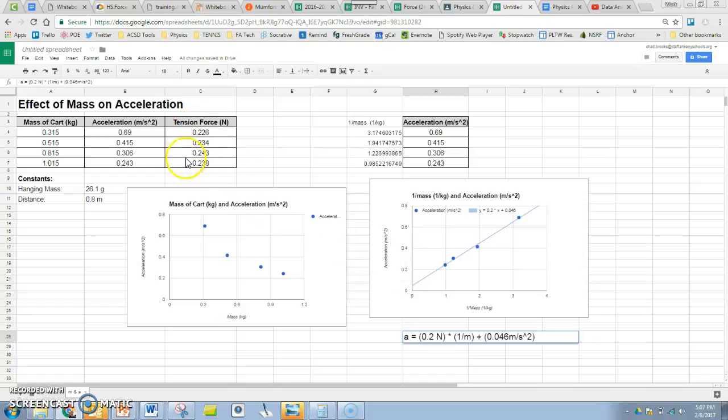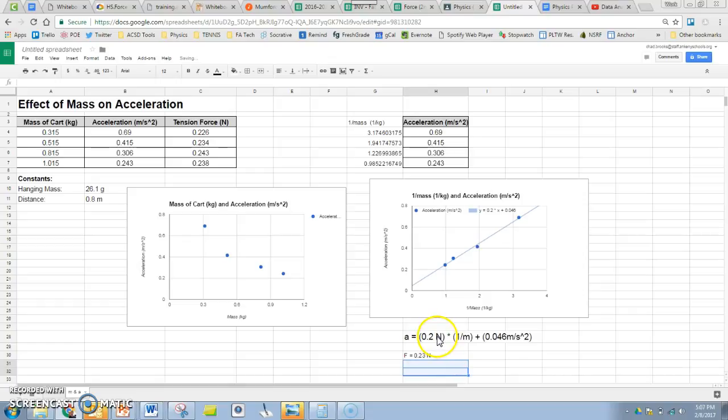If you come up here and look at our tension forces, it looks like those are hanging right around 0.23-ish, which isn't really that far off from our slope, which we thought might be the force because of the units. Feeling pretty confident in that. That is kind of a nice thing to know.